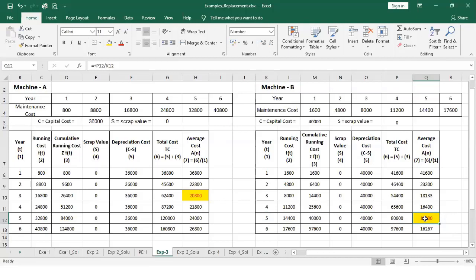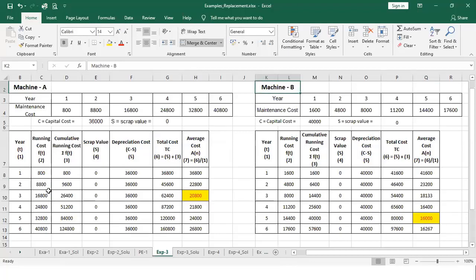Now we have to compare this average cost with the maintenance cost. For this machine, the first year maintenance cost is 800. For the next year, it is 8,800, and after the third year, the maintenance cost is increasing for machine A compared to the average cost of machine B. So the maintenance cost of machine A is greater than the average cost of machine B, so it is advisable to replace machine A with machine B. Why?